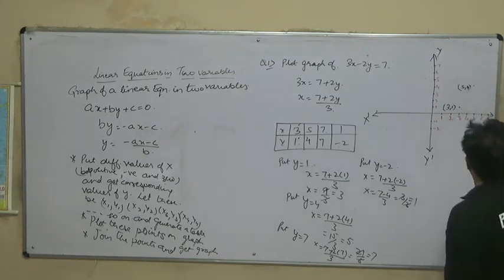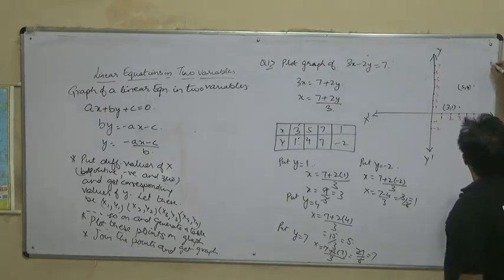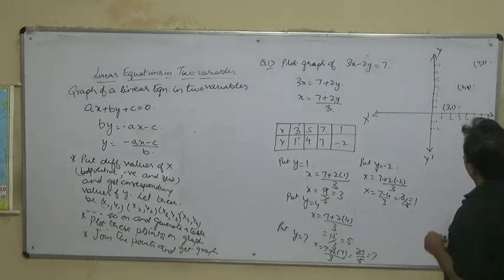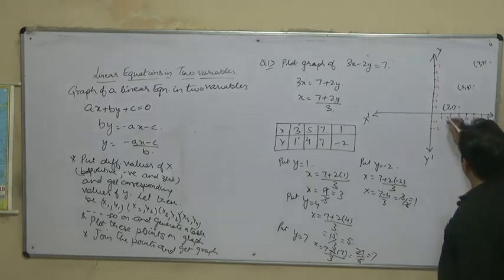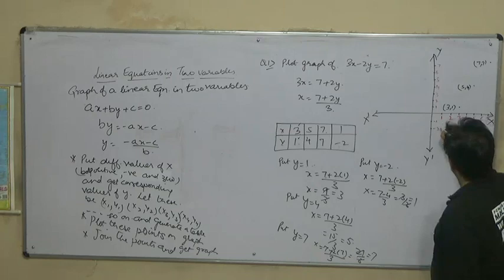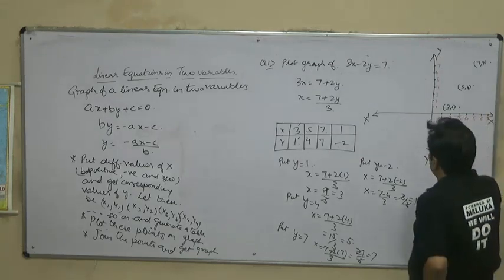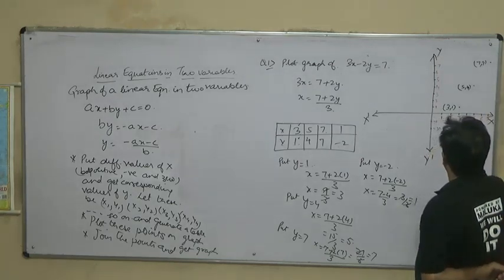Next is 7, 7. 7, 7 is this. Then for x is 1 it is y is -2. This will be x is equal to 1 and y is equal to -2. So we can say 1, -2.